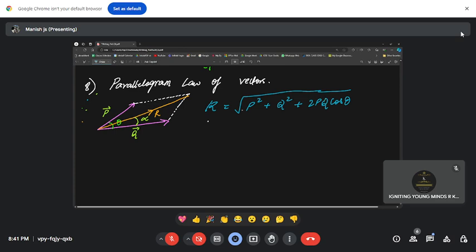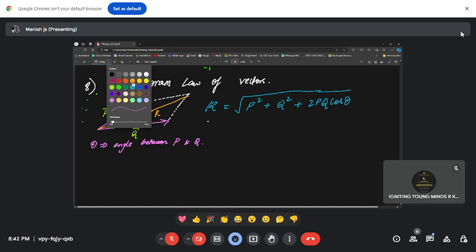So that is how you can calculate the resultant of these two vectors, wherein theta is the angle between P and Q. I'll write it here. Theta is angle between P and Q.